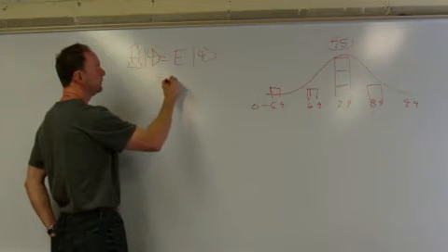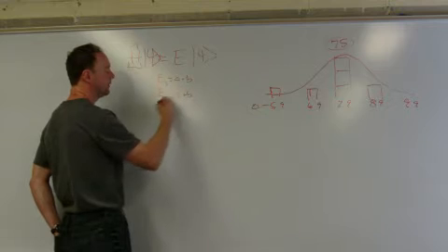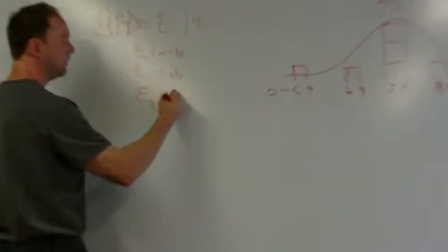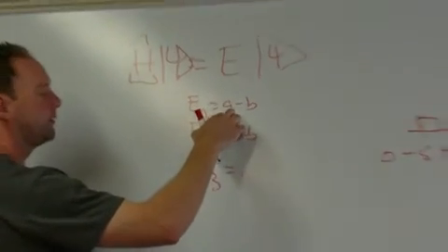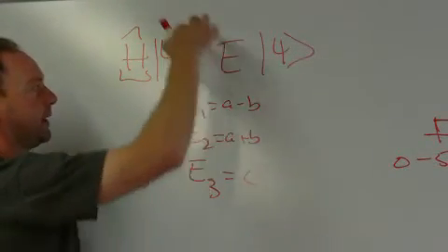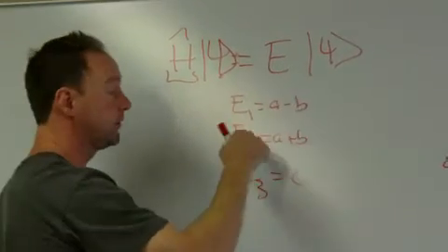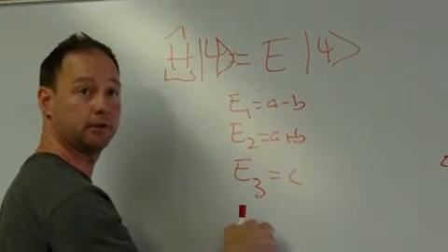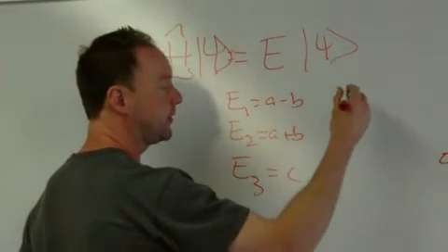We found E1 equals A minus B, E2 equals A plus B, and E3 equals C. And so if you do this by hand, what you've got to do is put these back into the original equation and solve for those particular eigenfunctions. So these are the three eigenvalues, all right? But instead, what I did is I used maxima.